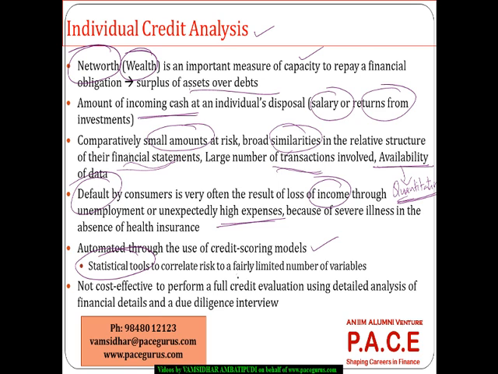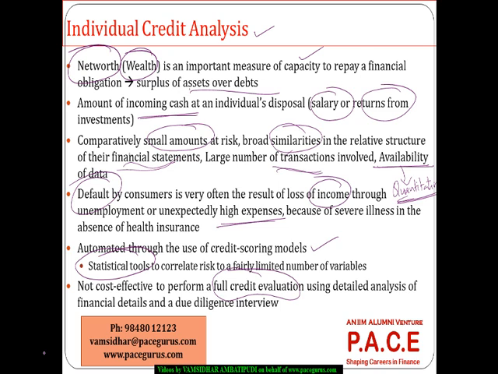The reason we do it automated is, it has been found that it's not cost effective to perform a full-fledged evaluation of an individual, a detailed understanding of the credit quality of the individual. One, because the amounts are much smaller, and two, the administration costs could go much higher.